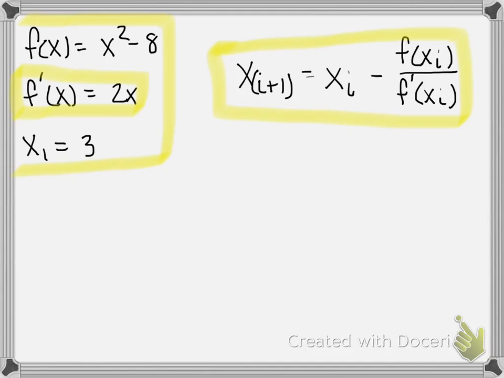Since our x1 was 3, our x2, which is our x sub i plus 1, where x sub i is just 3 for number 1, is going to be equal to x sub i, which is 3, minus f of x sub i. So we plug our x into our function: 3 squared minus 8, on top, over 2 times x sub i.